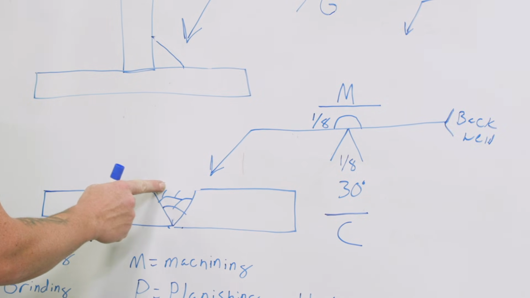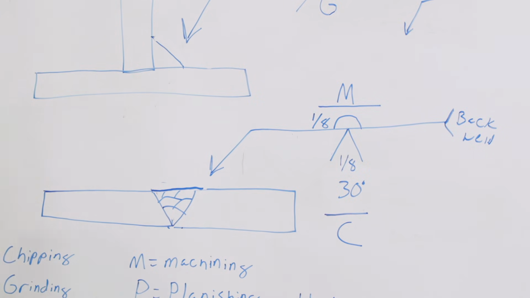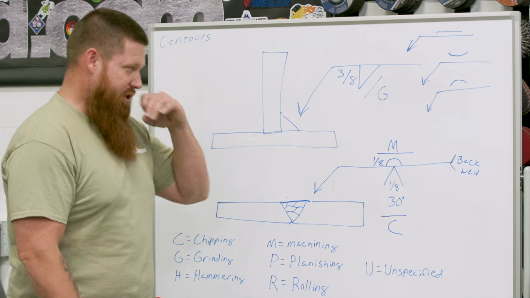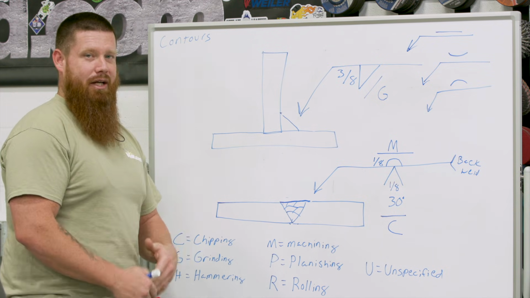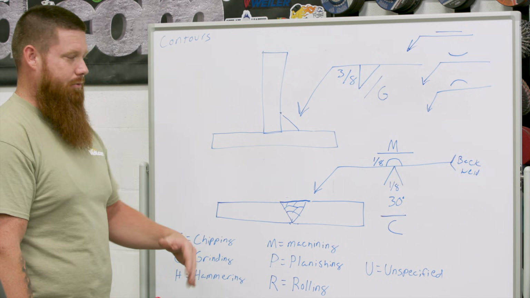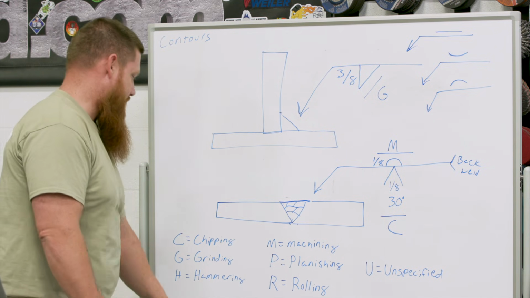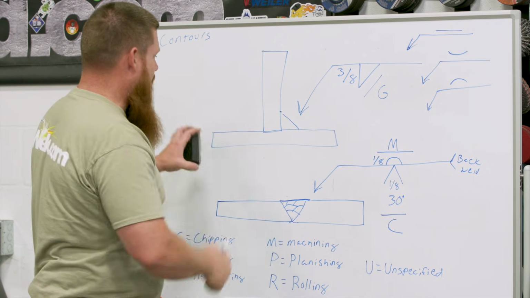So you'd come in there and just chip that, and that's off the top. This is just two different examples, one with chipping, one with machining, just so you can understand what's going on with that. That wouldn't be a typical application. They're probably just going to have you grind both sides or machine both sides. Most likely you're going to use the same method on both sides of that material. It's just an example. So let's go ahead and move on to different tolerances.